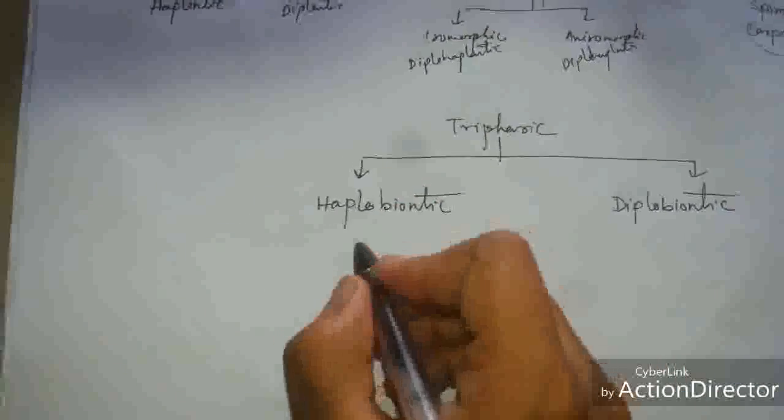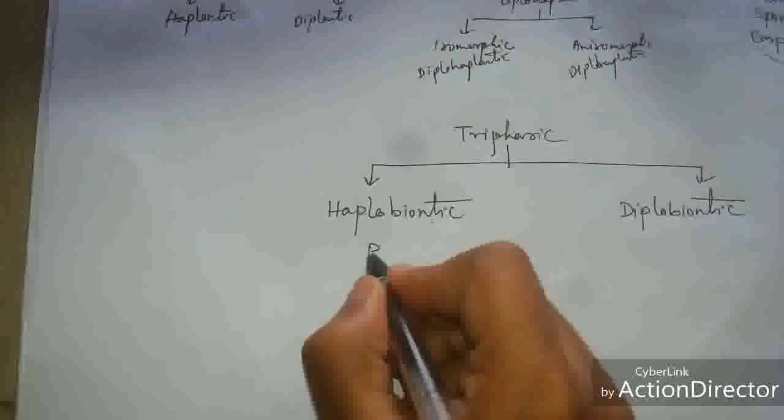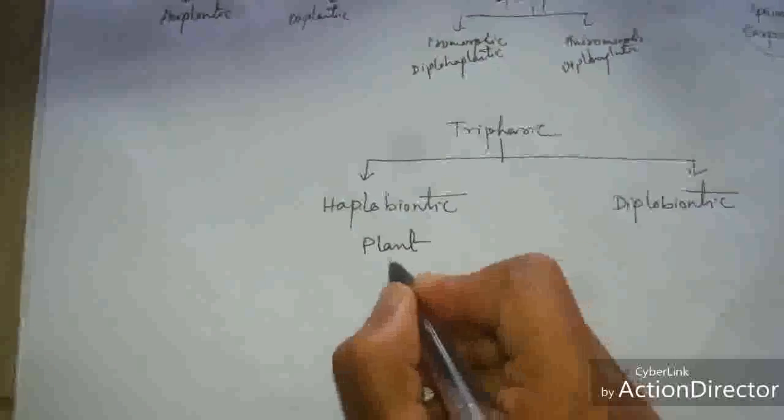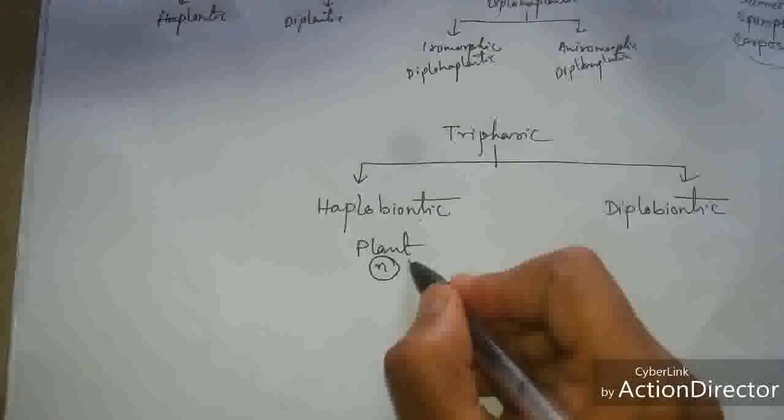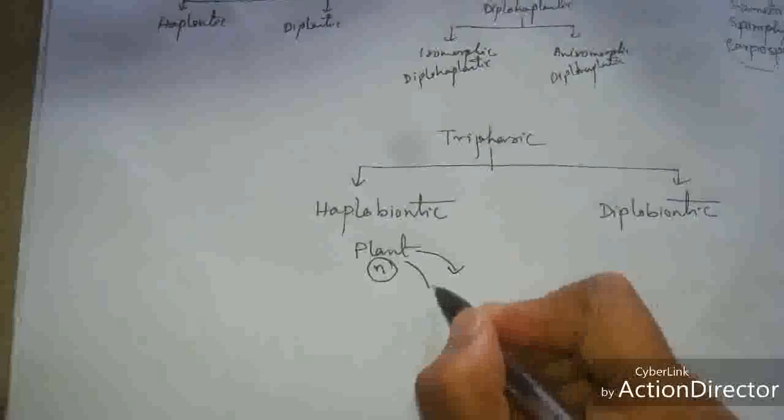So here the plant body, the gametophytic plant body, is haploid and produces gametangia.